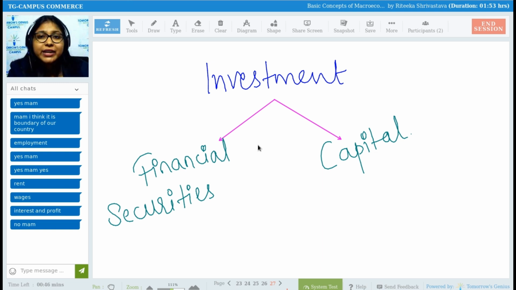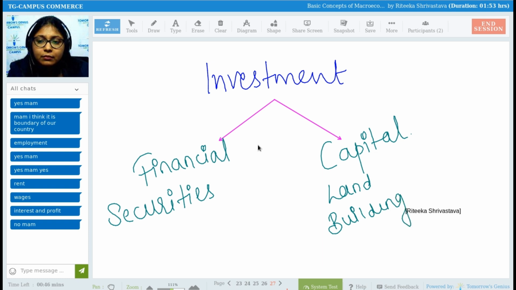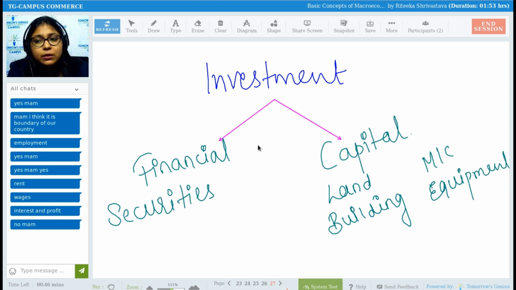Capital investment means investing on land, building, machinery, equipments, tools, etc. So when we study economics, our complete focus is going to be on capital investment.